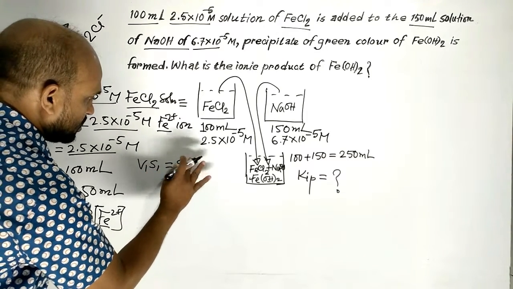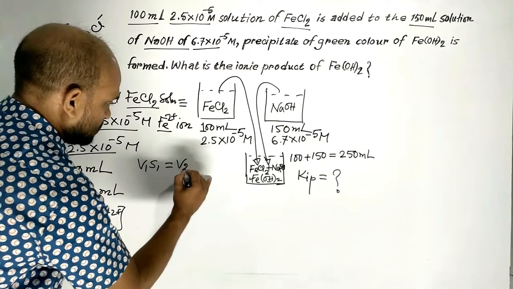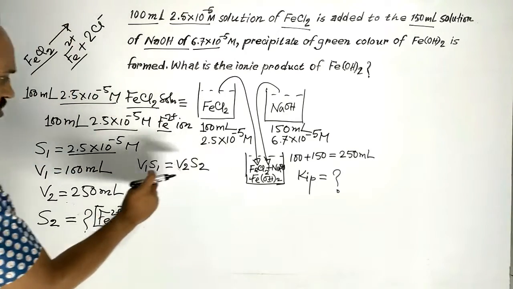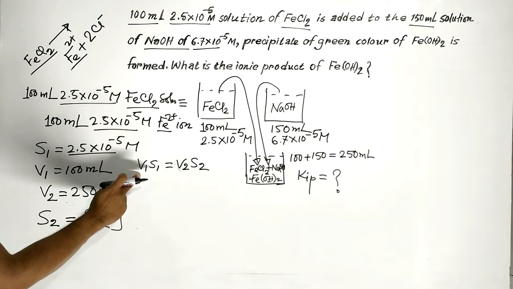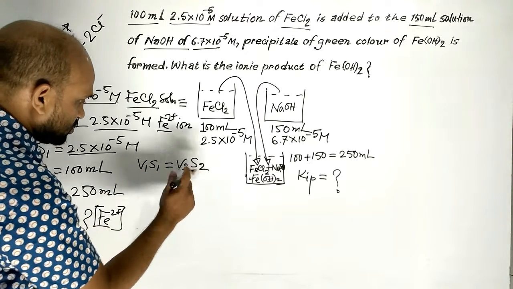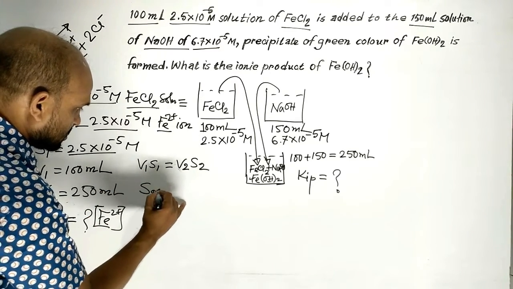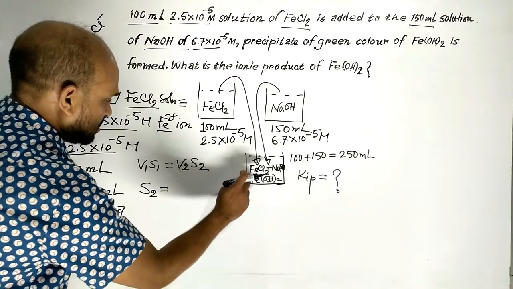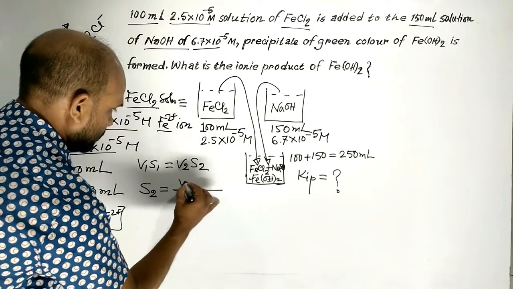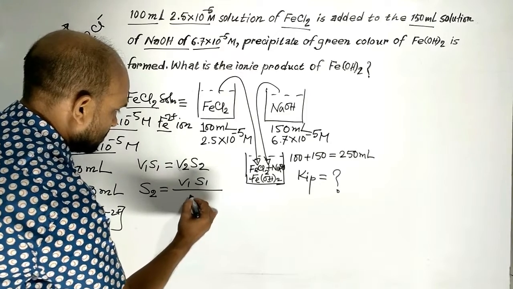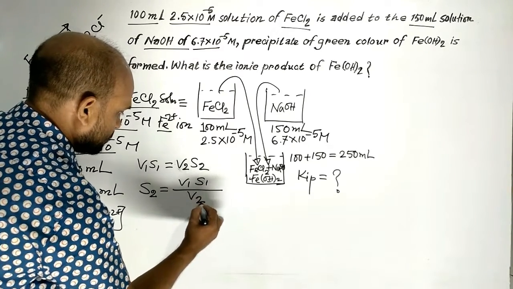So according to law of dilution, V1S1 is equal to V2S2. We have to calculate S2, that is concentration of ferrous ion in the mixture. S2 is V1S1 divided by V2.